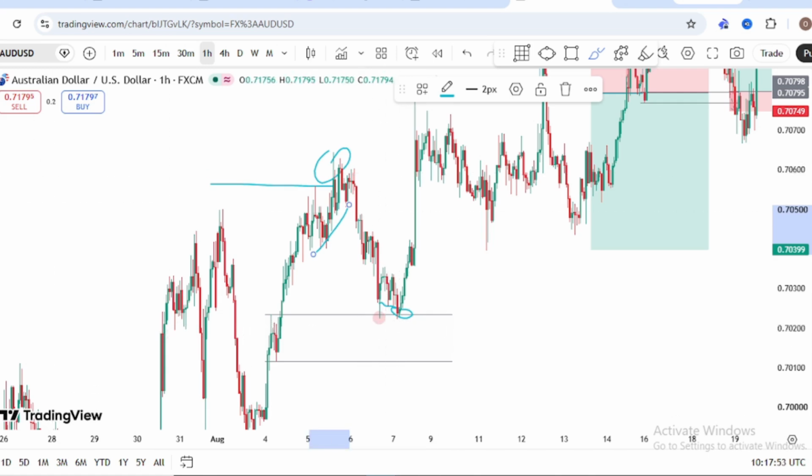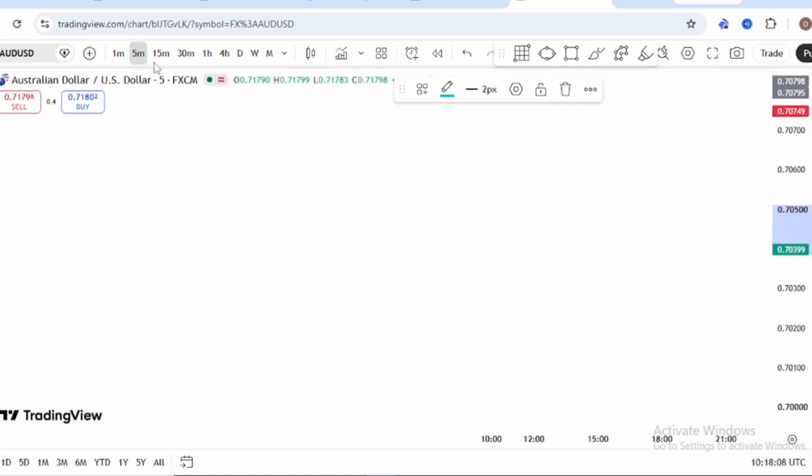From here, we switch to the lower time frame, which is 5 minutes, because we are using 1 hour to mark the structure here. So we go down to 5 minutes time frame and look for market structure shift. So let's do it together.